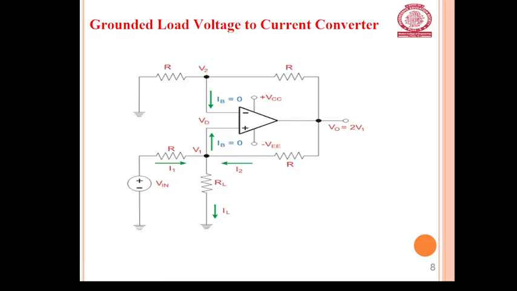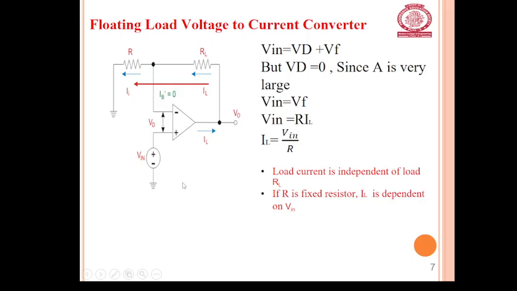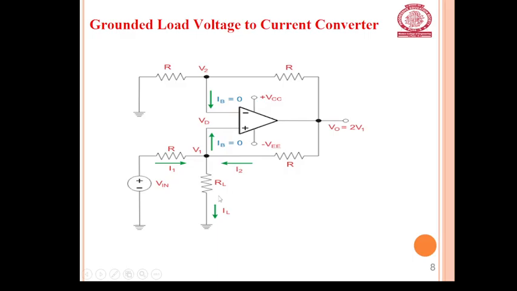Our second type is grounded load voltage to current converter. Here we can see that the load is grounded. In the previous case, the load was not grounded. There was no ground for this load. Here, the load is grounded and the op-amp is used again in non-inverting configuration.